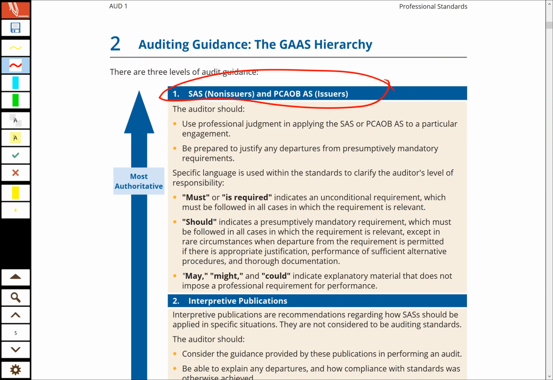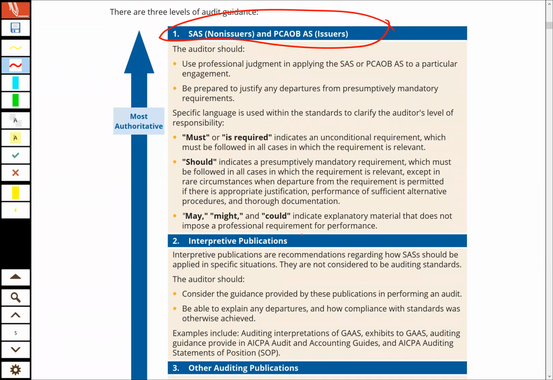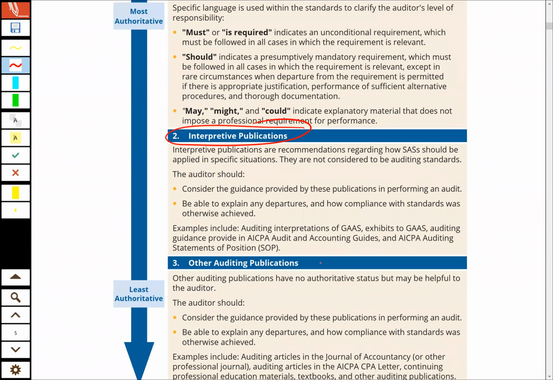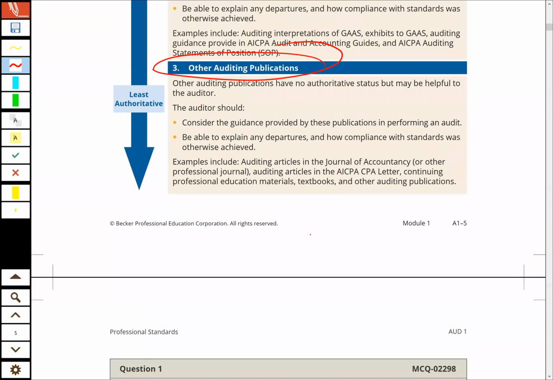But there are other things that they come out with that could be considered authoritative, such as interpretive publications, other auditing publications, and then you get down to the least authoritative, these other publications such as Journal of Accountancy articles, that sort of thing.